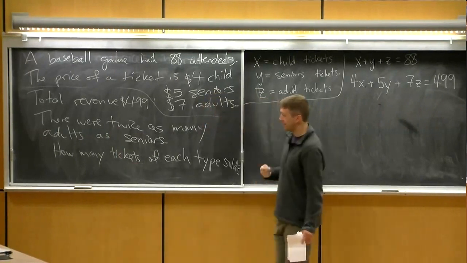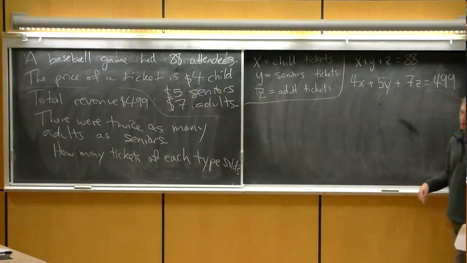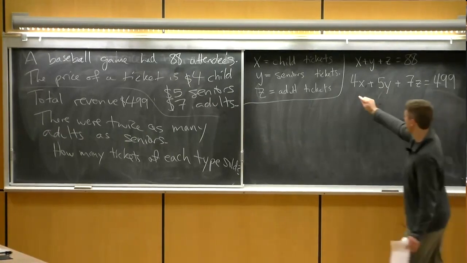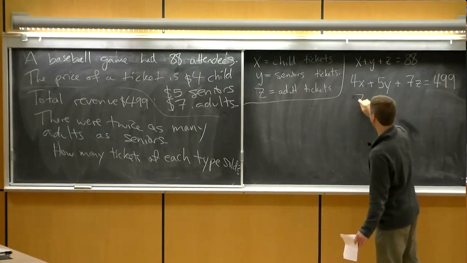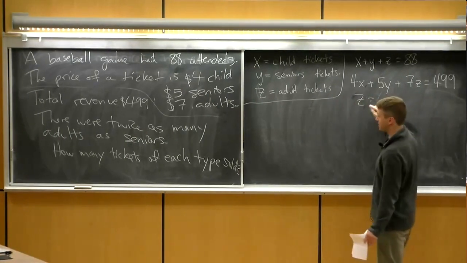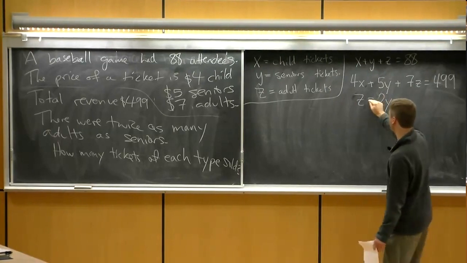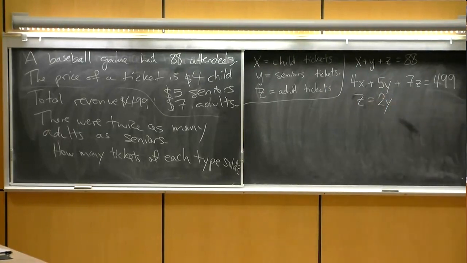There are twice as many adults as seniors. What would I write for that? I don't know why I made adults Z, but I think it's actually Z is 2Y, or 2Y equals Z. There's twice as many adults as seniors, adults is Z, so yeah, Z is 2Y.